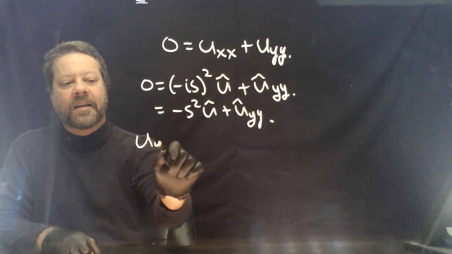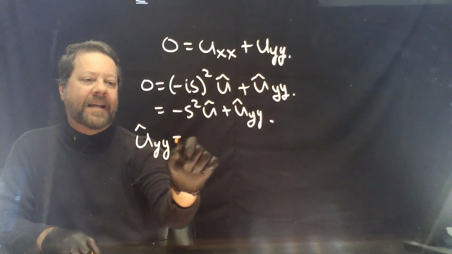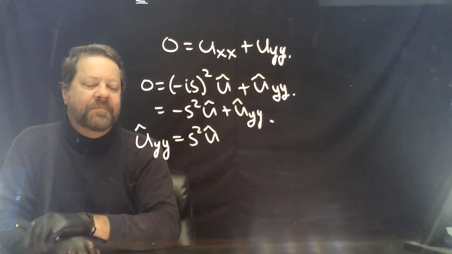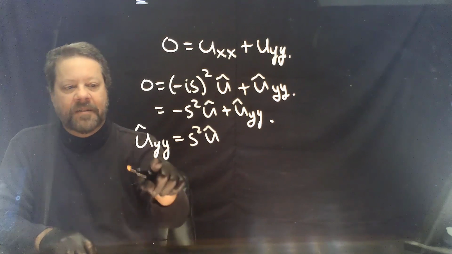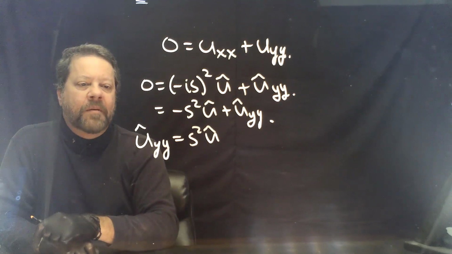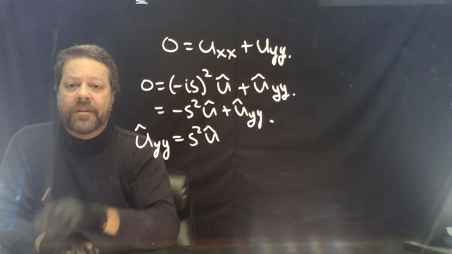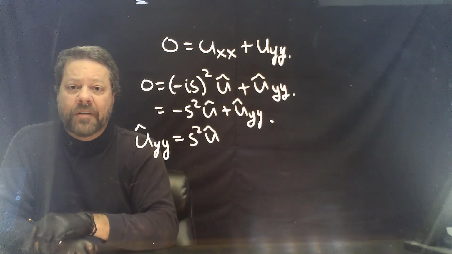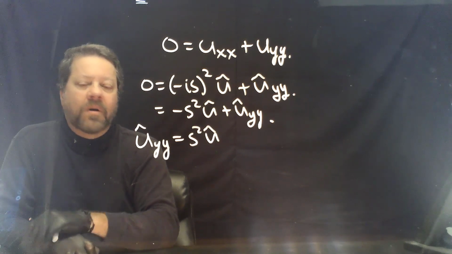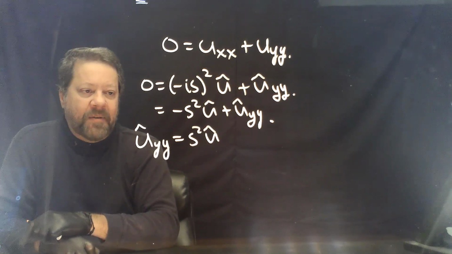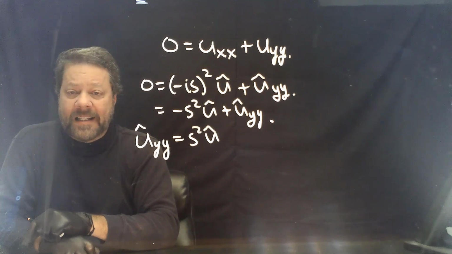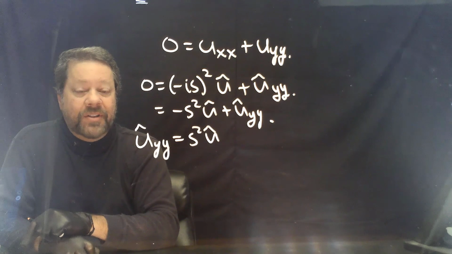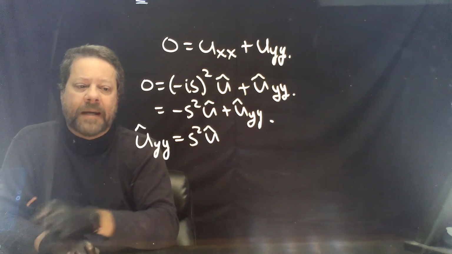This yields the differential equation u hat yy equals s squared u hat, and the derivatives being with respect to y, we end up with a basis of either cosh of sy and sinh of sy, or e to the positive sy and e to the negative sy. Now, we can't use cosh and sinh because both of those functions are unbounded.